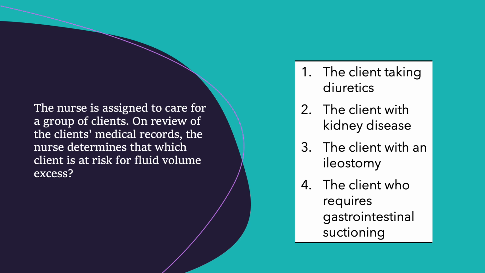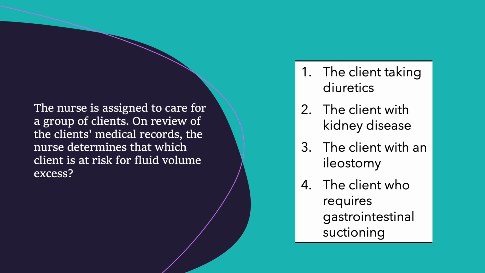So just because you're getting gastrointestinal suctioning, like an NG tube or something, that doesn't mean you can't be at risk for fluid volume excess. But the likelihood of you being in overload is low, because guess what? It's sucking everything out of you.